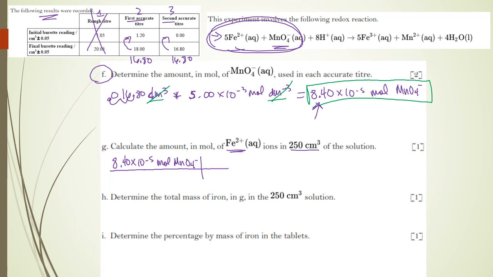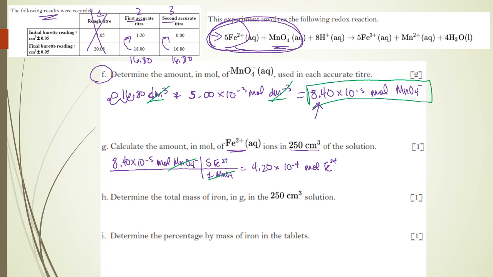Put my 1 MnO4- on the bottom and my 5 Fe2+ on the top. My manganese top and bottom will cancel out, and 8.4 times 10 to the minus 5 times 5 gives us, calculator says, 4.20 times 10 to the minus 4 moles of Fe2+.